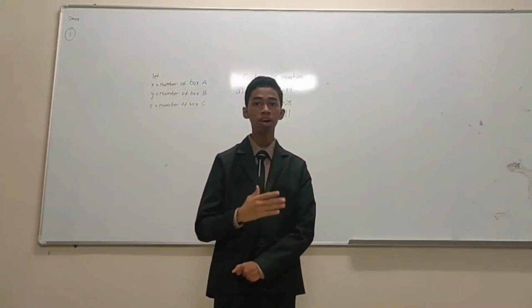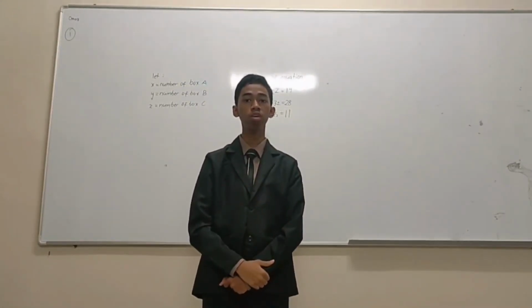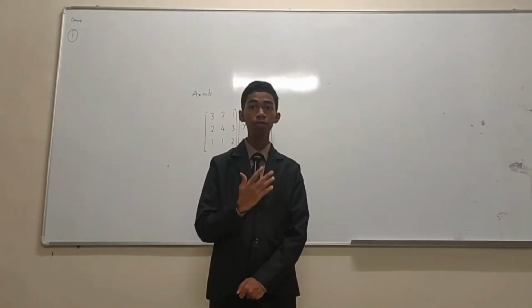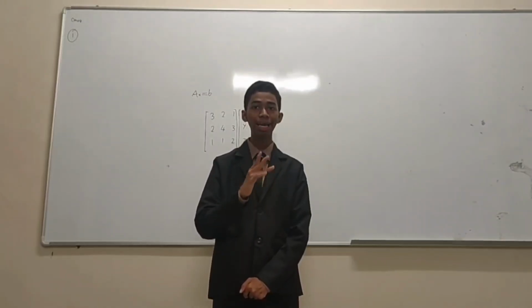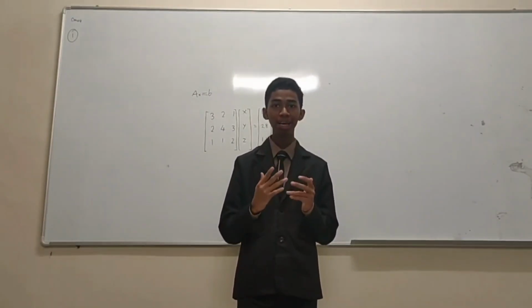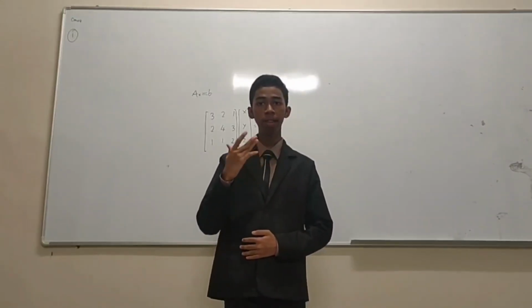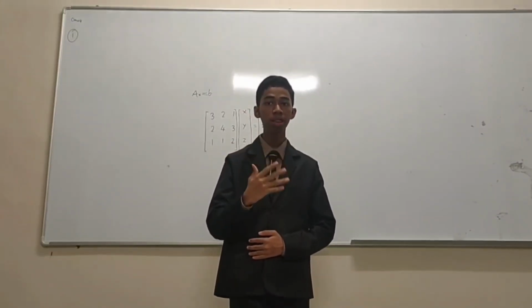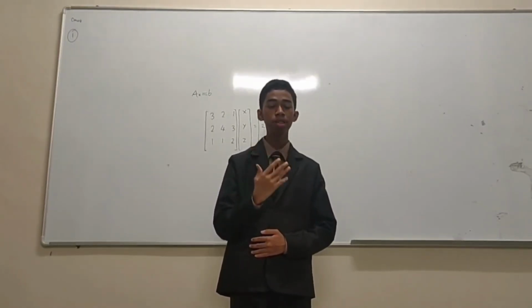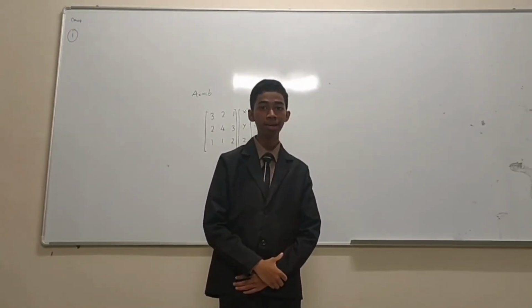Now, we have a system of simultaneous equations. Next, we rewrite the equations in matrix form: AX equals B, where A is the coefficient matrix, X represents the unknown variables, and B represents the total material.